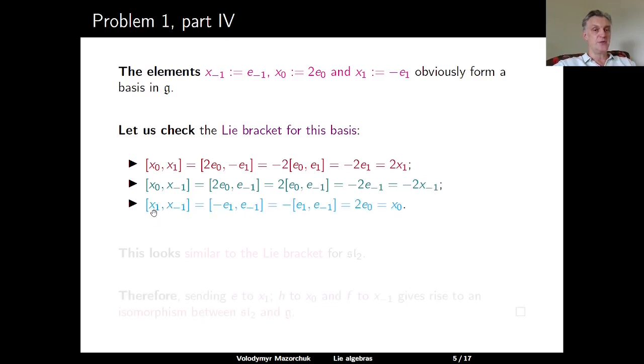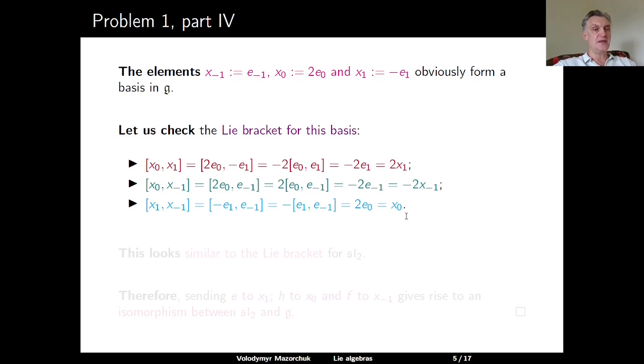And finally, the bracket between x1 and x minus 1 is the bracket between minus E1 and E minus 1. This is minus the bracket between E1 and E minus 1, which is equal to 2E0, which is exactly x0.